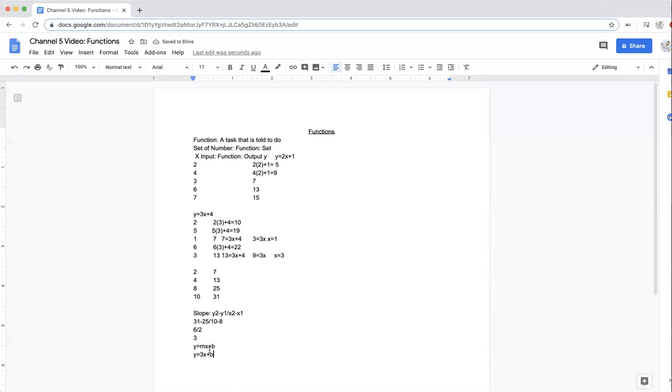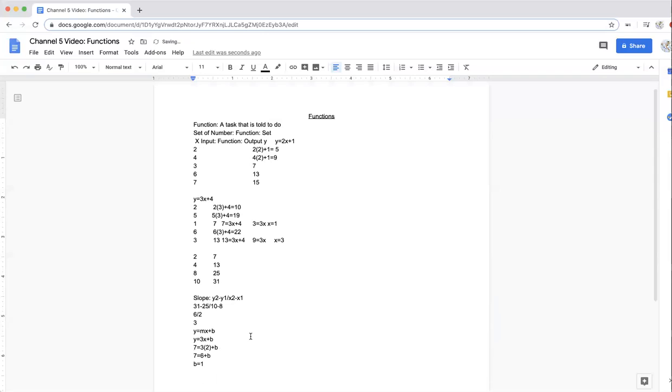We can substitute a value for the x value and the y value from this graph. Let's substitute the first value. 7 equals 3 times x, x is 2, plus b. 7 equals 6 plus b. So b would equal 1.